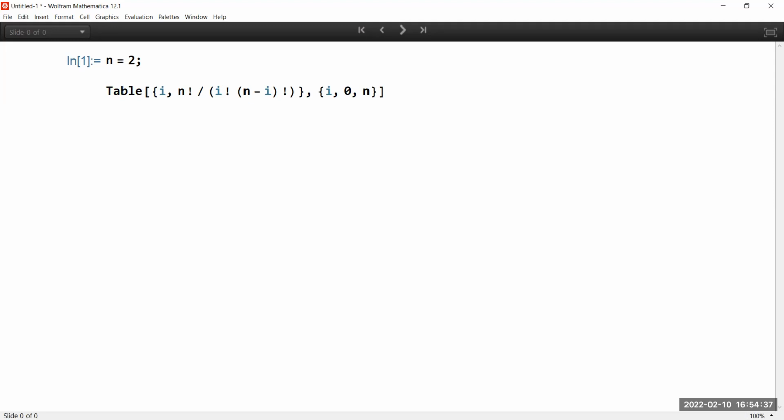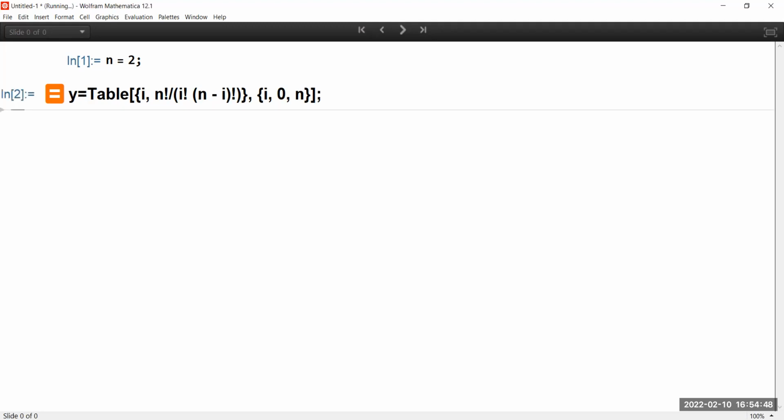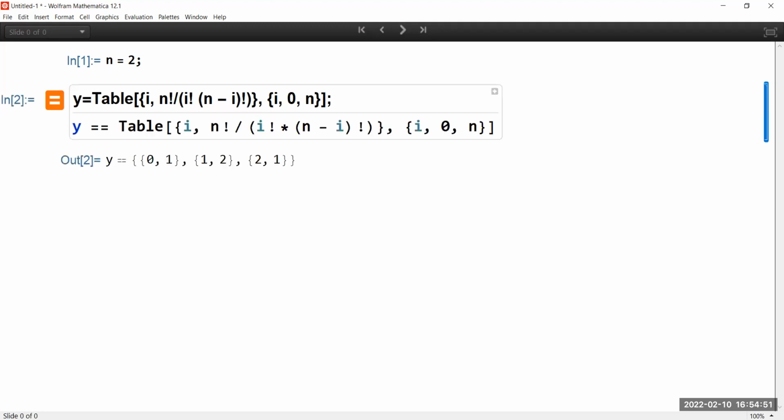Can I call this variable something? Let's call it y equals. Why is this doing that?